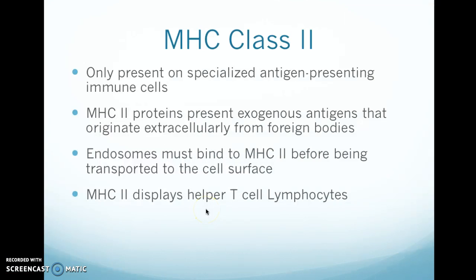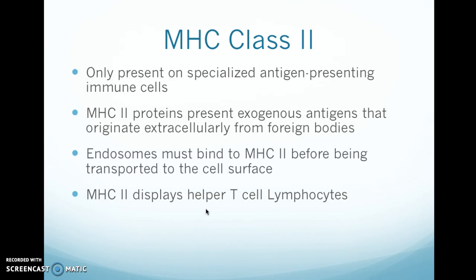So the MHC class 2, they try to attract cells to the site of infection, while MHC class 1 destroys cells with overabundant cells, so things that are overproducing. So that's kind of how they're different.